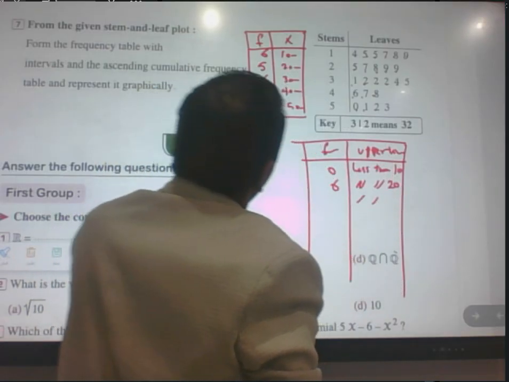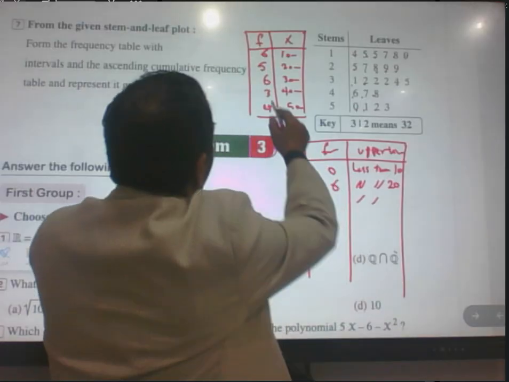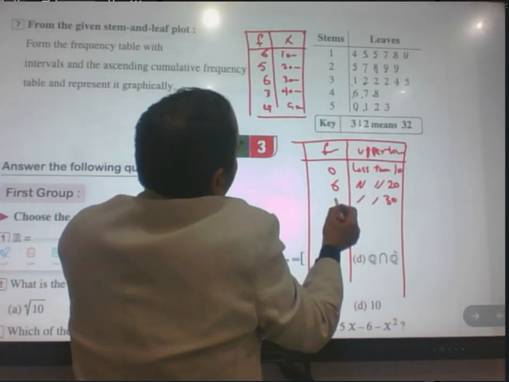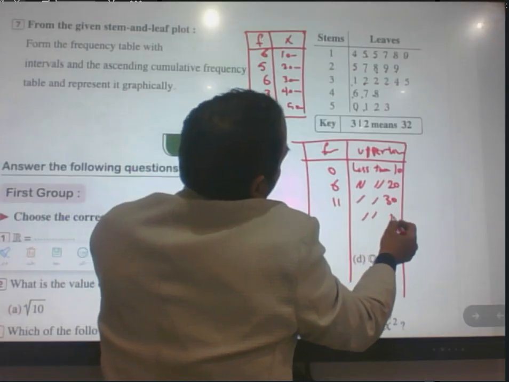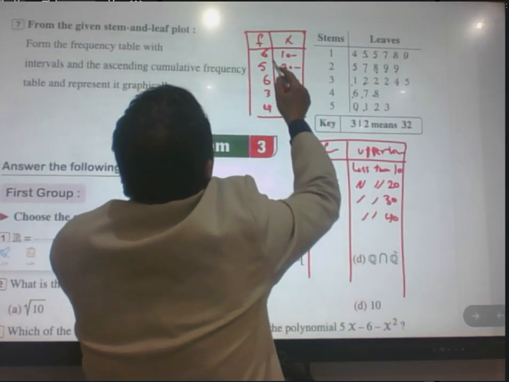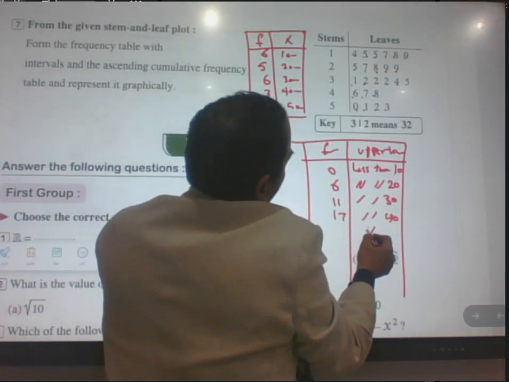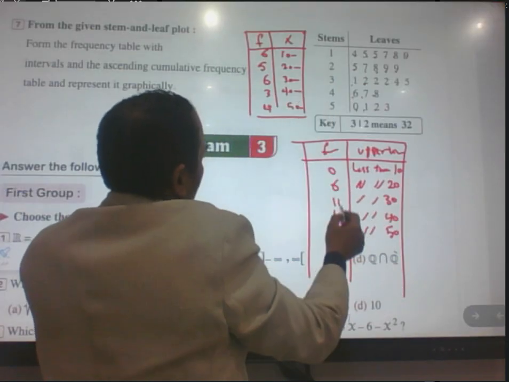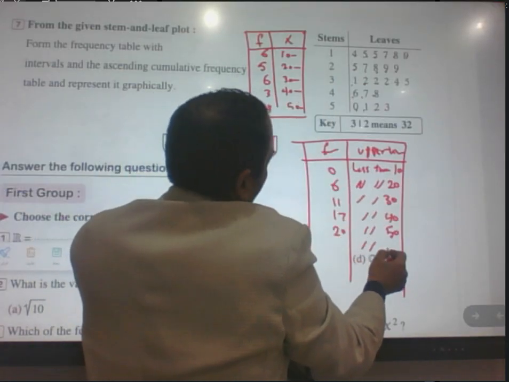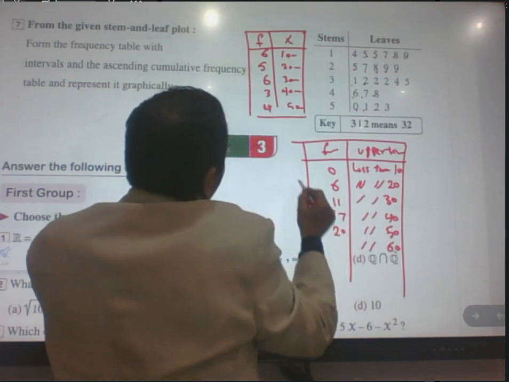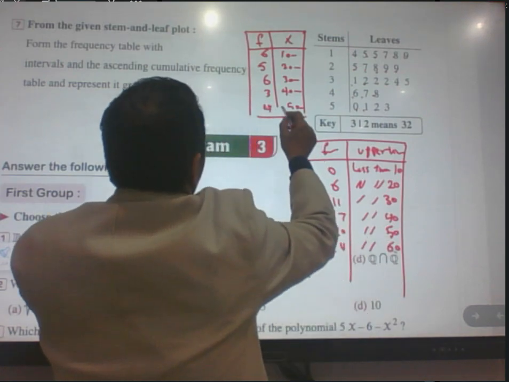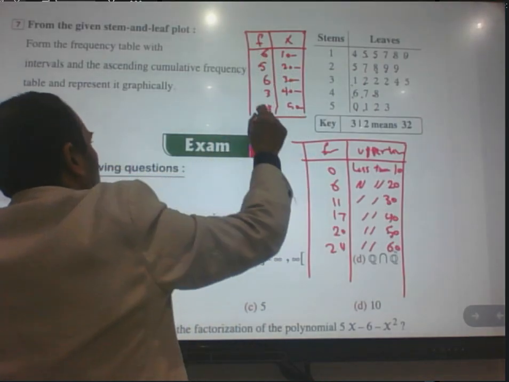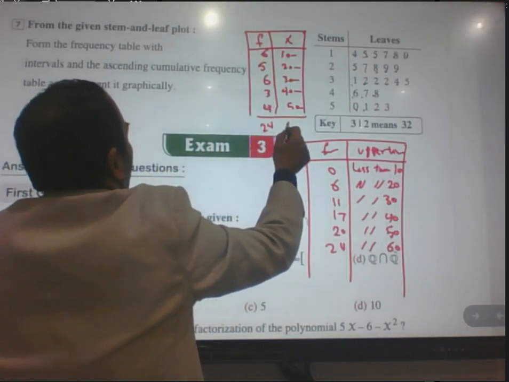Less than 30, 5 plus 6 equals 11. Less than 40, 6 plus 11 equals 17. Less than 50, 3 plus 17 equals 20. Less than 60, 20 plus 4 equals 24. You can check the sum: 4 plus 3 is 7, 7 plus 6 is 13, plus 5 is 18, plus 6 equals 24. It's the sum.